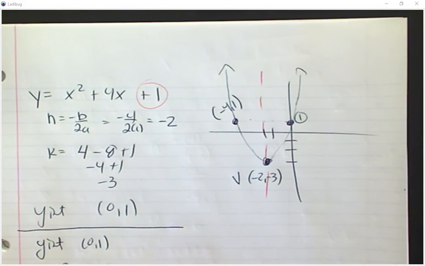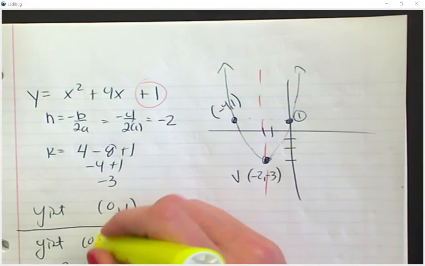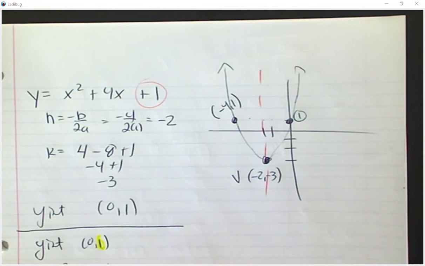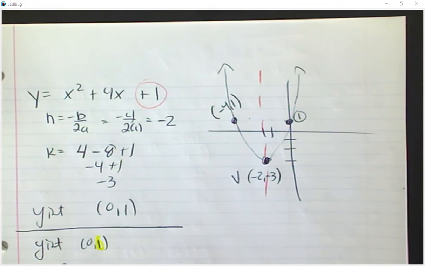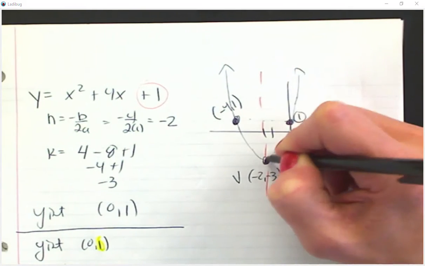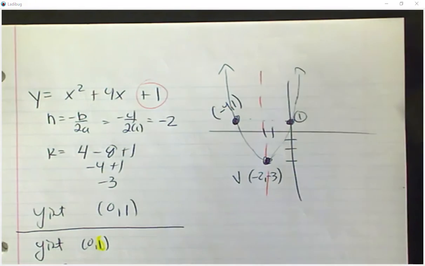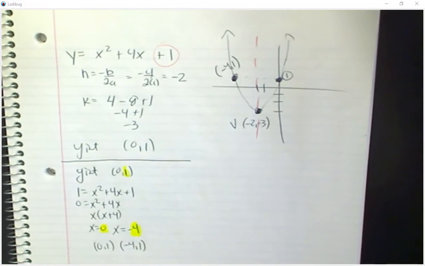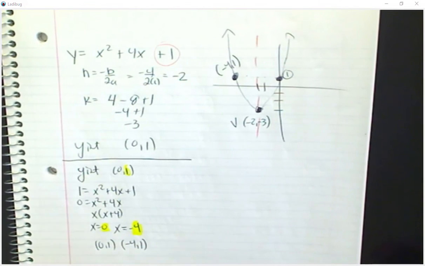Be careful because these are not intercepts. This was me setting it equal to 1, so my points are not zeros. They're 0, 1, and -4, 1. You actually end up with the exact same points no matter which method. You just get them in a slightly different order.